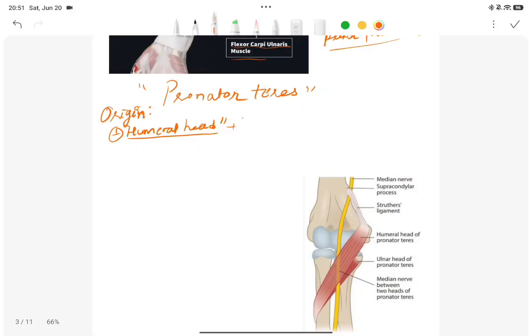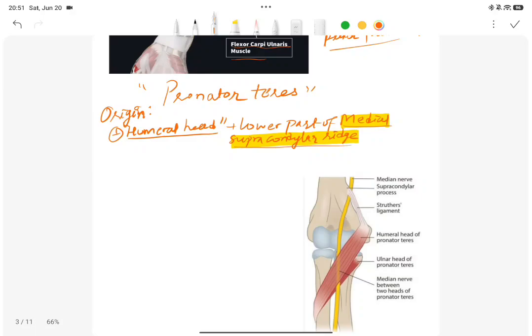The humeral head of the pronator teres arises from the lower part of the medial supracondylar ridge of the humerus. You have to remember this, so I will also highlight the term medial supracondylar ridge.